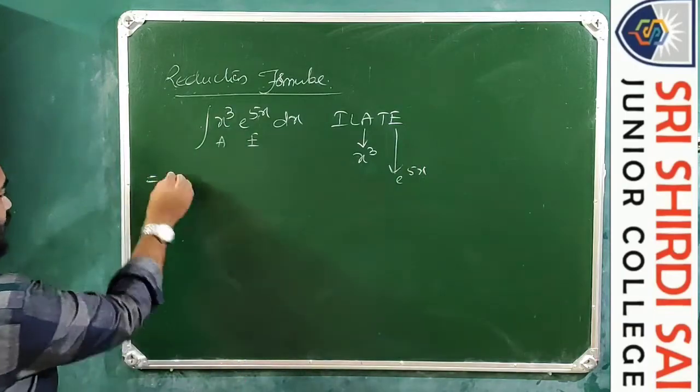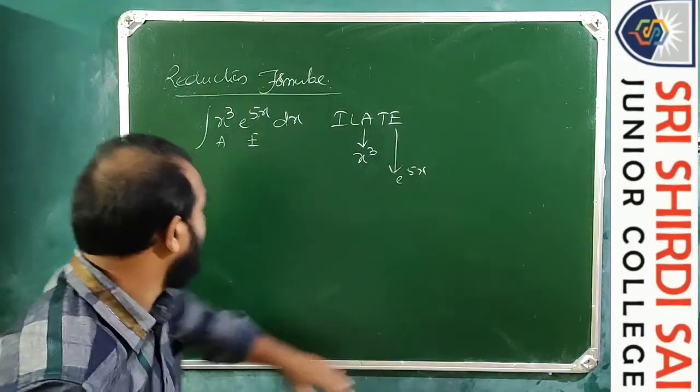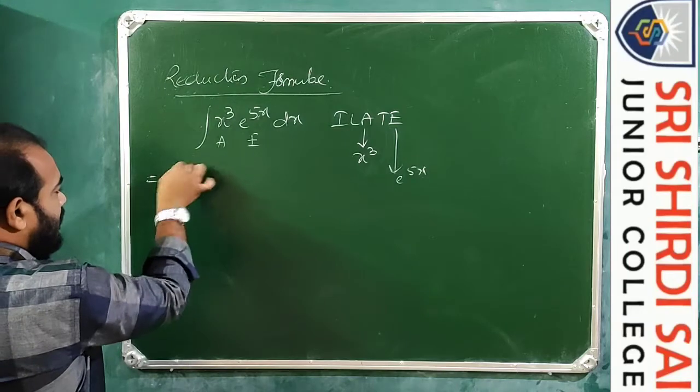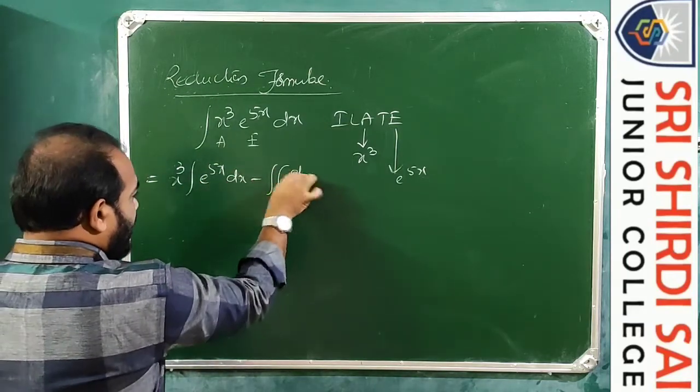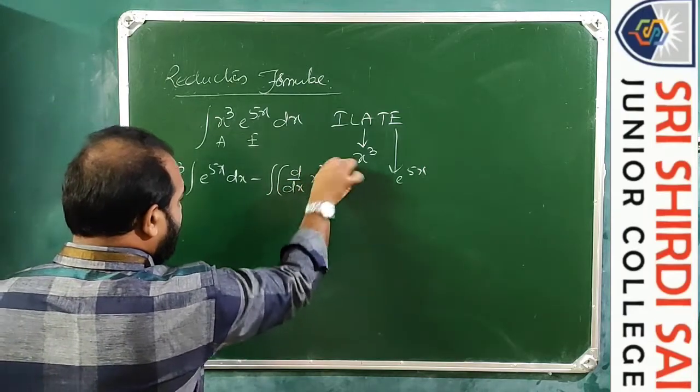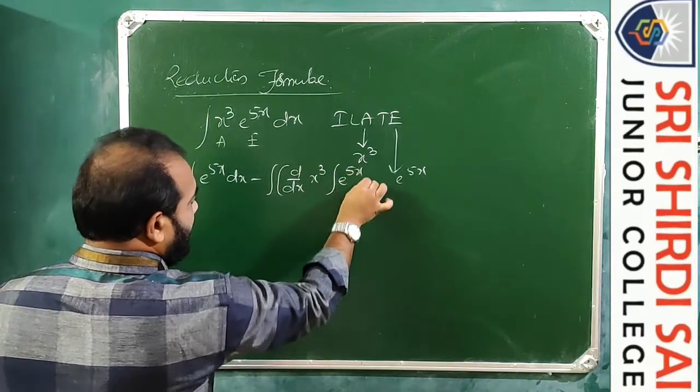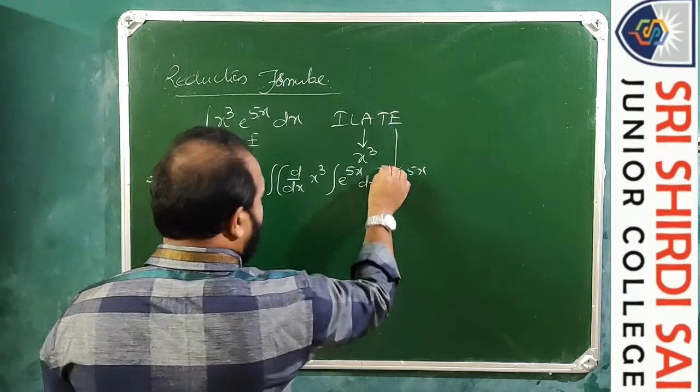So this is equal to first function into integral of second function dx, minus integral of d by dx of first function into integral of second function dx, whole dx.